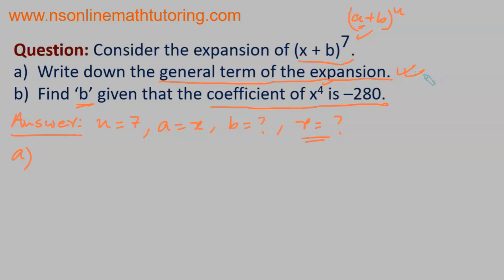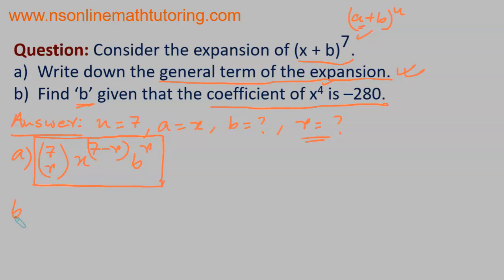So the general term will be nCr, and n is equal to 7 in this case, so it is 7Cr, a to the power of n minus r, that is x to the power of 7 minus r, and b to the power of r. So this is the answer for subpart A. This is the general term for the binomial expansion.